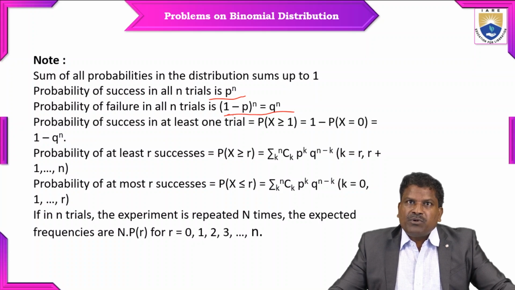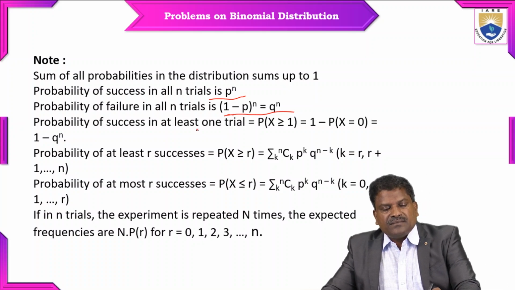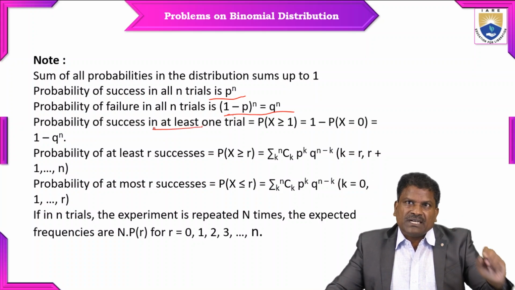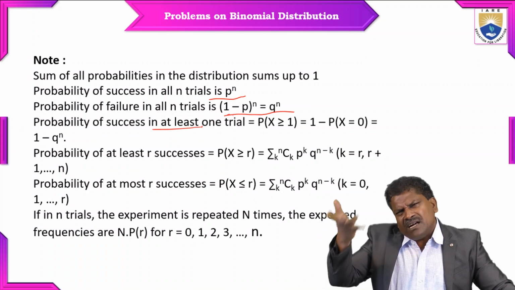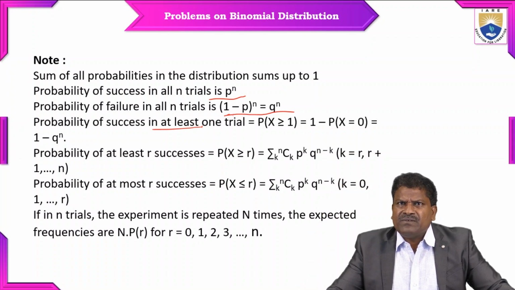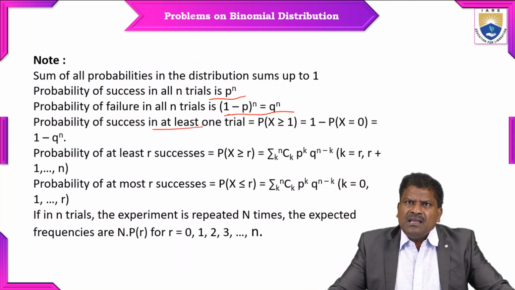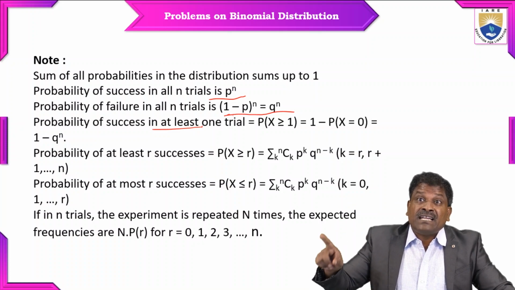Like that, the probability of success in at least one trial. At least means the minimum number should be there; beyond that, more than that, other numbers will also come. Here, at least one trial means we have to find P of x greater than or equal to 1.